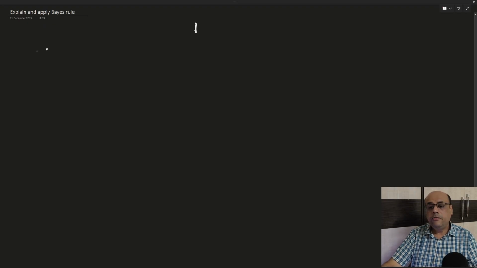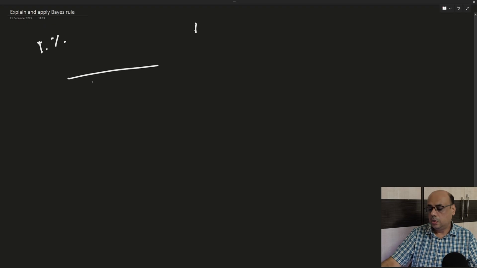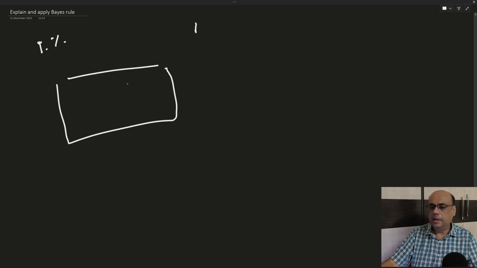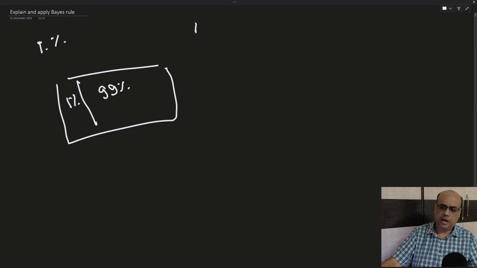So there is a very complicated disease which affects 1% of the population. If I draw it like this, 1% is here, and 99% is there, they are not affected.